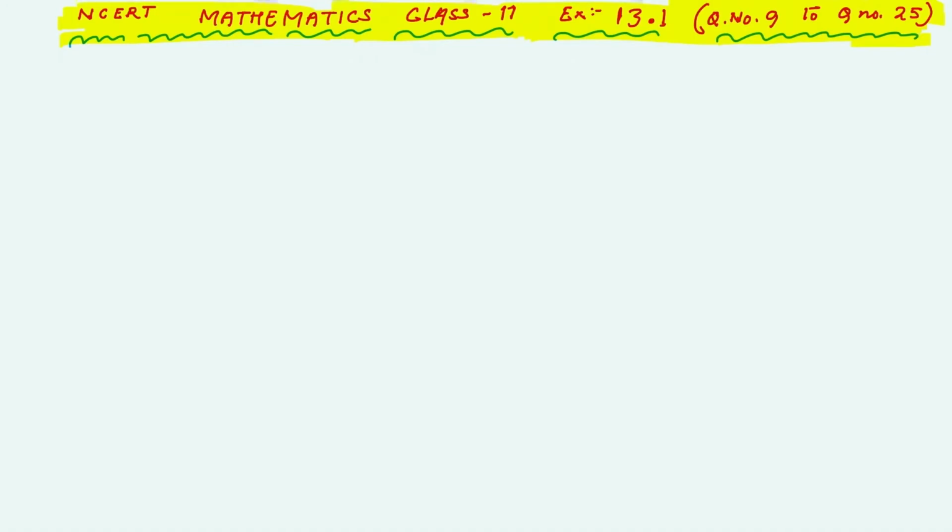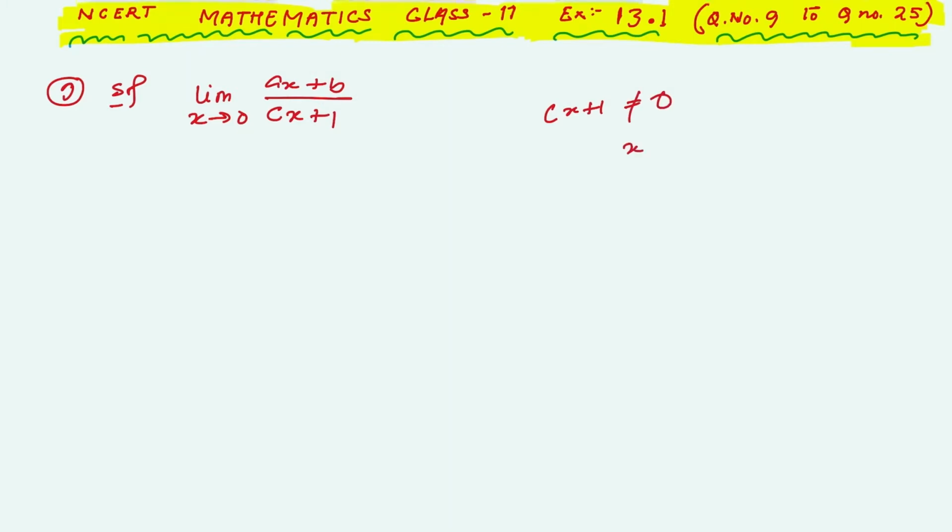Now question number 9 is here. We need to find the limit as x tends to 0 of (ax plus b) by (cx plus 1). Here you can see this denominator cx plus 1 is not equal to 0 at x equal to 0.